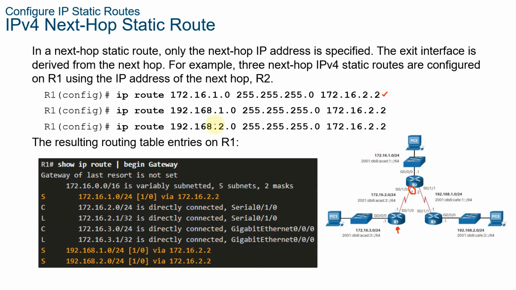To reach 172.16.1.0, 192.168.1.0, and 192.168.2.0, you need to pass through 172.16.2.2 as the next hop IP address. So all of these would use the next hop IP address for the remote networks.